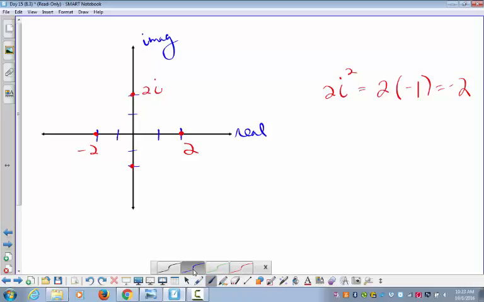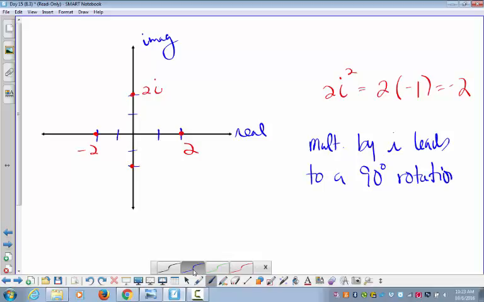And one good way to think about multiplication by i is that multiplication by i leads to a 90-degree rotation. And that direction would be counterclockwise.